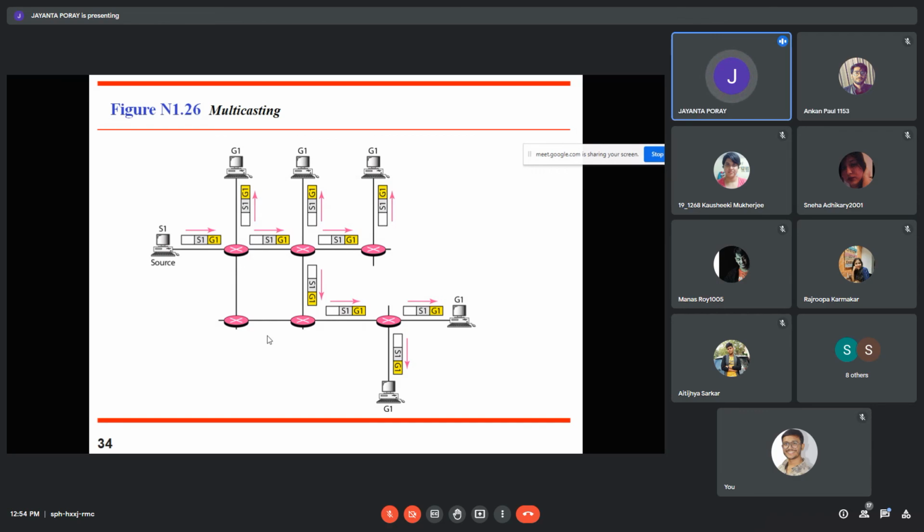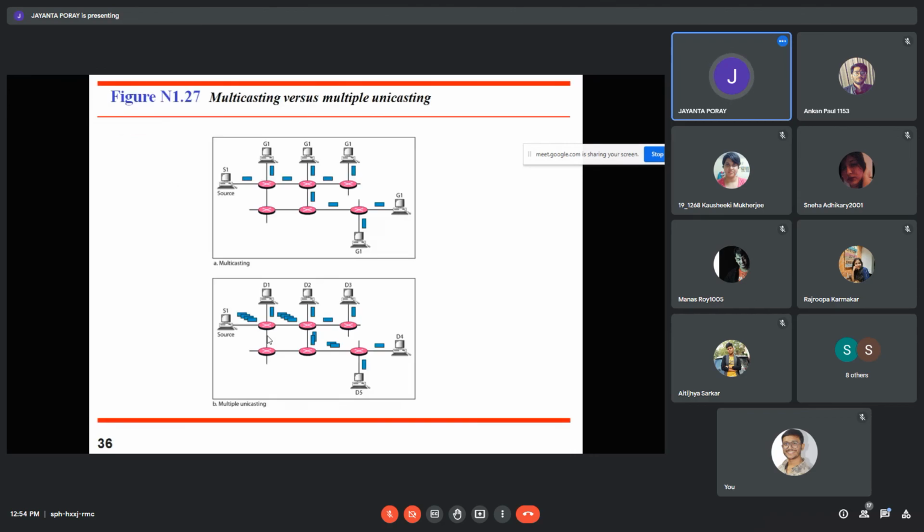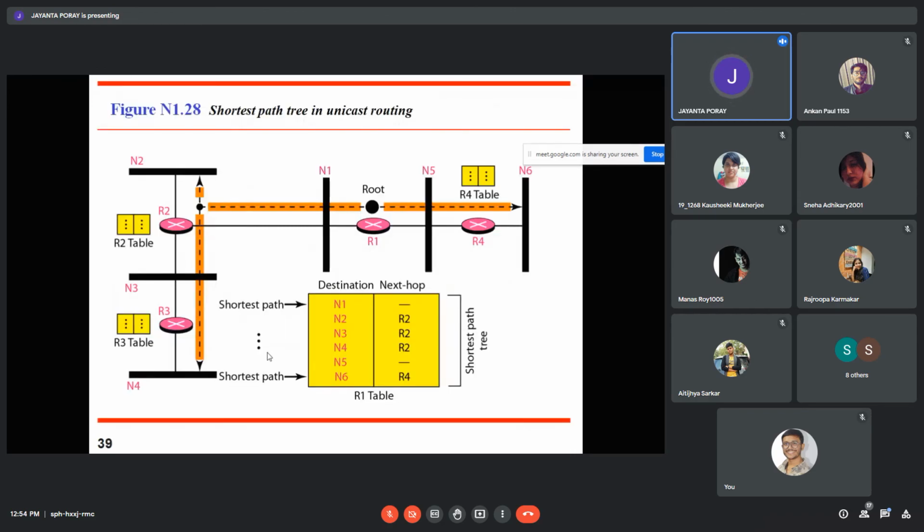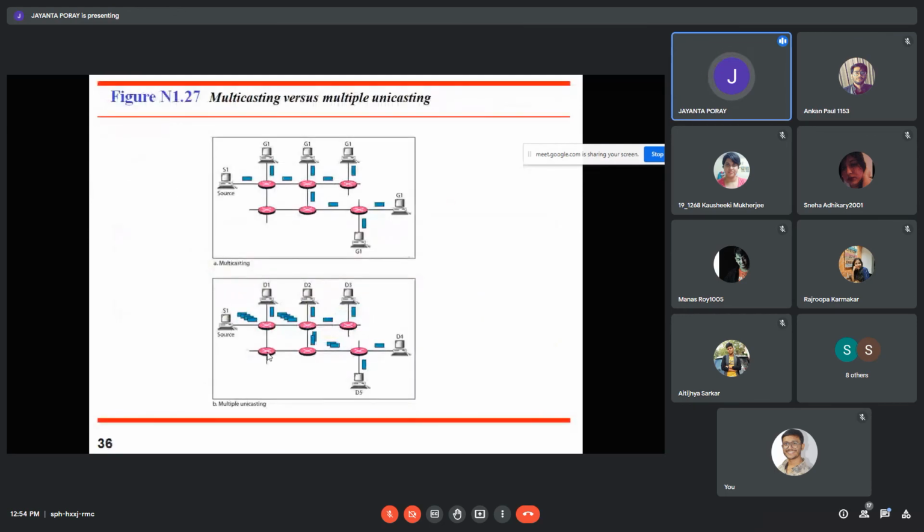There is another one we call multiple unicasting. That is not a good idea. Here, multiple packets are initiated from the source and distributed to different destination points.